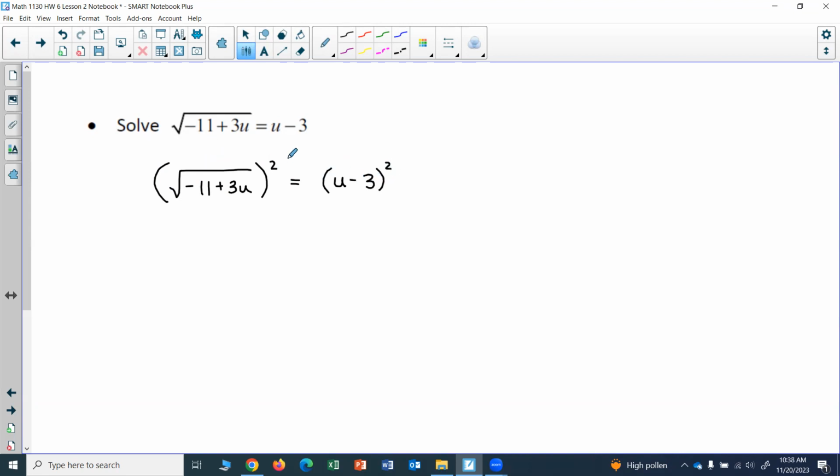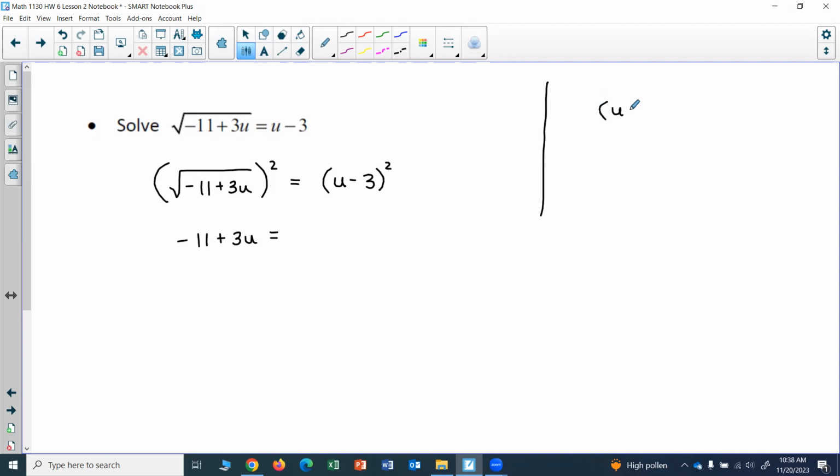Now on the left side, the square root and the square cancel each other out, so I just have negative 11 plus 3u on the left side of my equation. On the right side of my equation, I have u minus 3 quantity squared. Now, you can either FOIL it out, or you can use the box method to multiply.